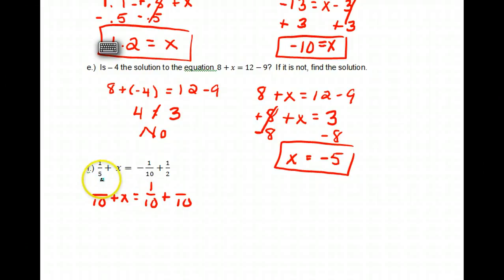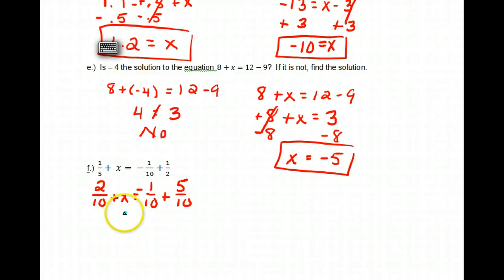So my first fraction, to go from a 5 to a 10, I had to multiply by 2. So 1 times 2 is 2. My x stayed the same. My negative 1/10 stayed the same. And 2 times 5 made 10. So 1 times 5 makes 5.